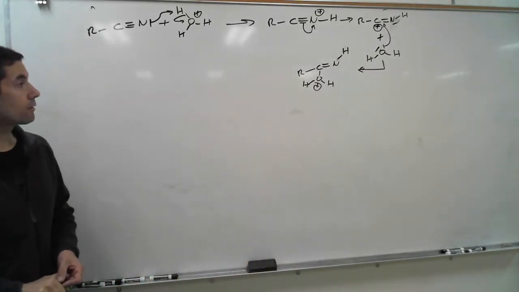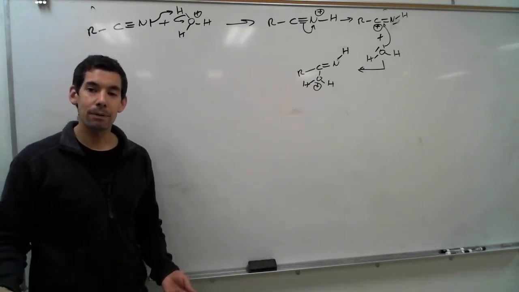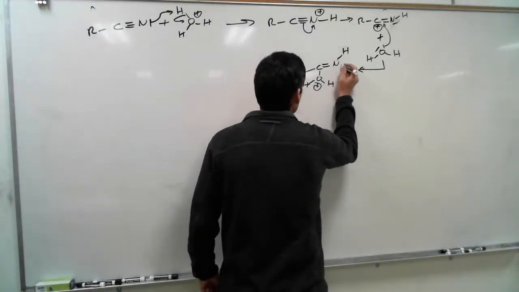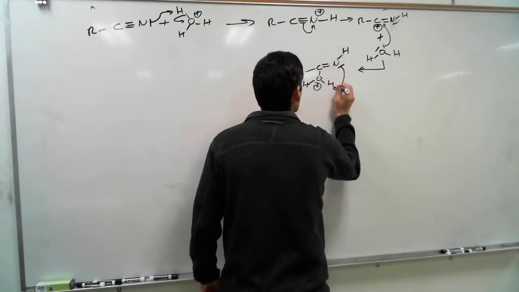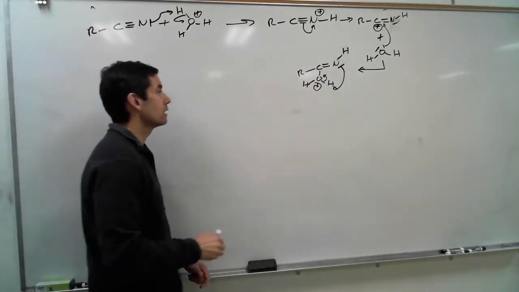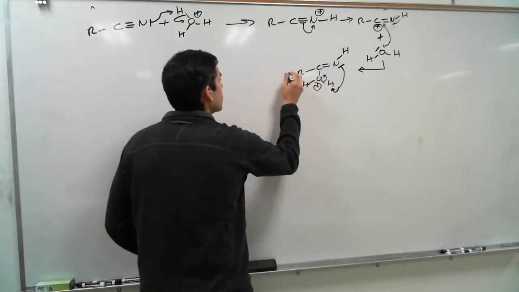So we get an oxygen there with a positive charge on it, right? Again, what do you think we're going to do now? I bet we know, we've seen this multiple times. There's a lone pair here on the nitrogen. Let's do that proton transfer. Let's bring those hydrogens over to that nitrogen.